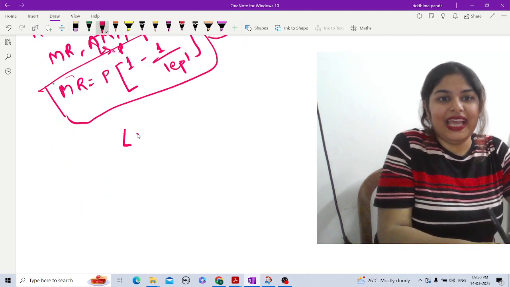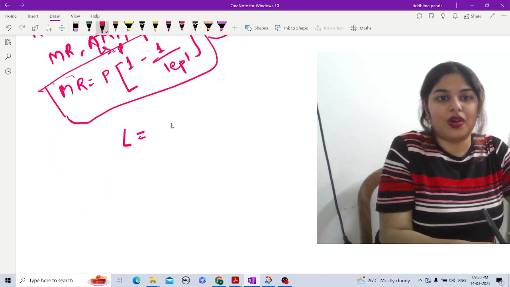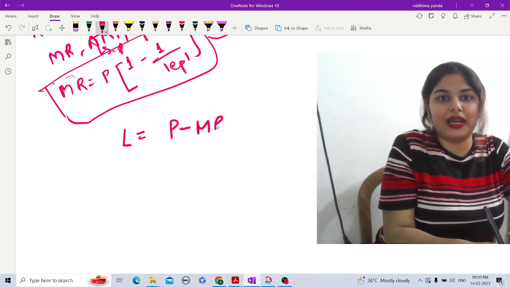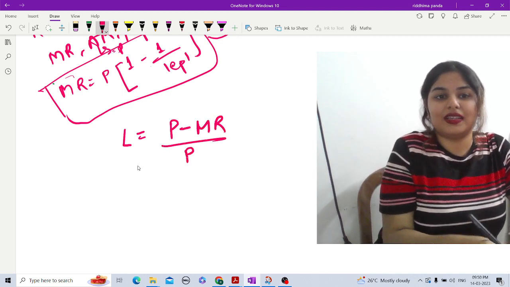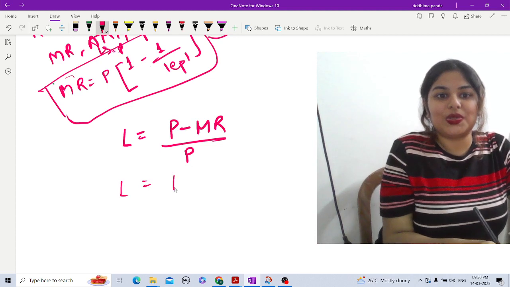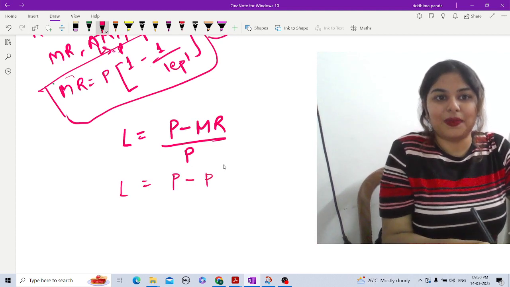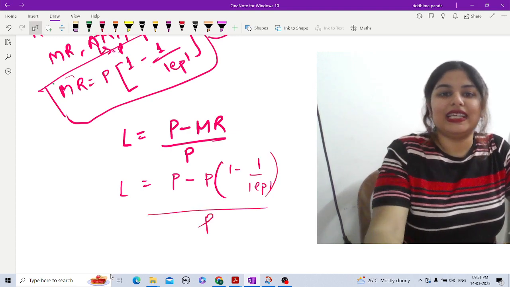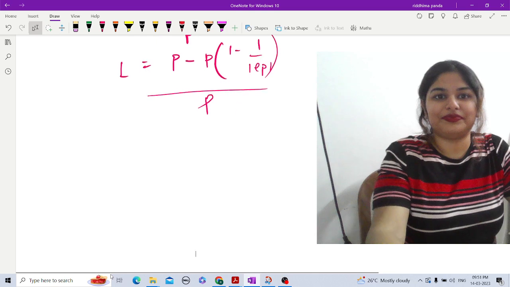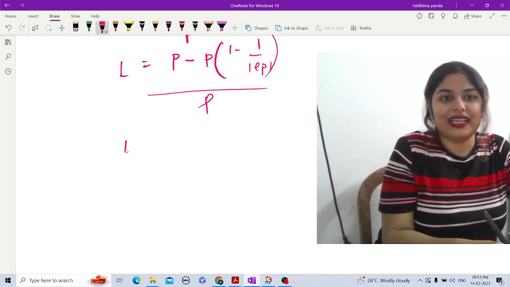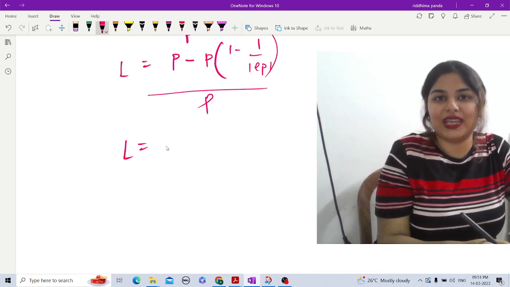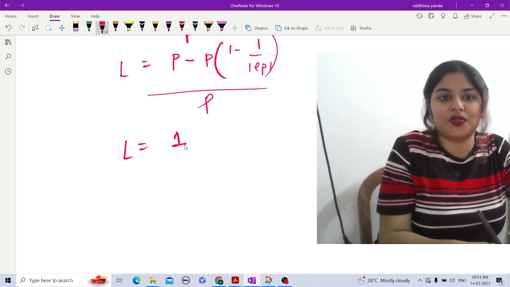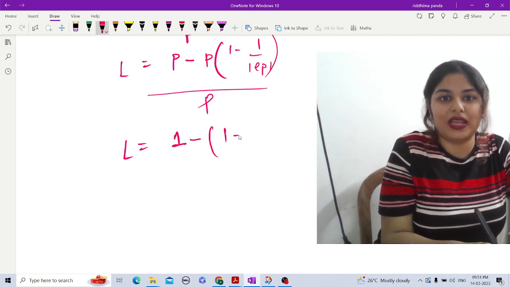L = (P - MR)/P, so L = (P - P(1 - 1/EP))/P. Now let's simplify. If we take P as common, all the P gets cancelled, so we are left with 1 - (1 - 1/EP).